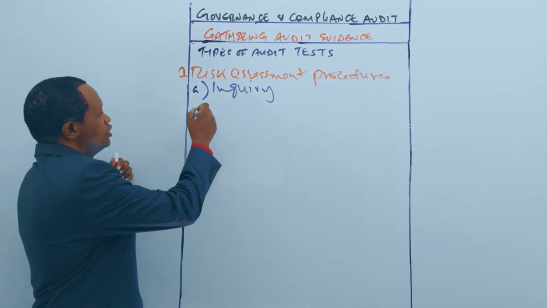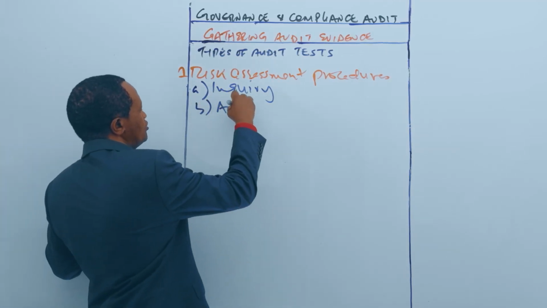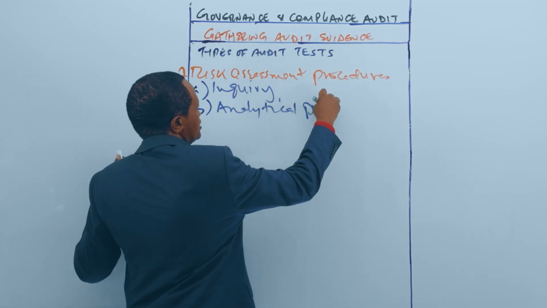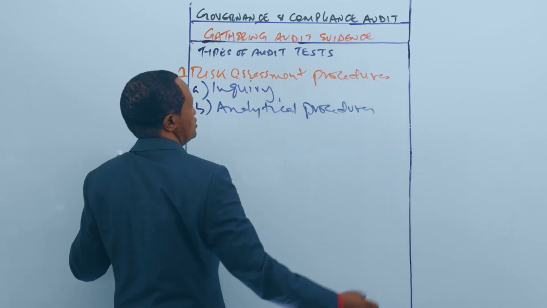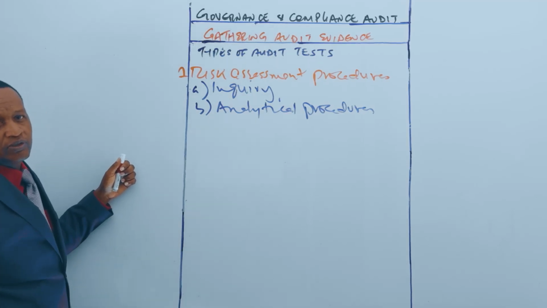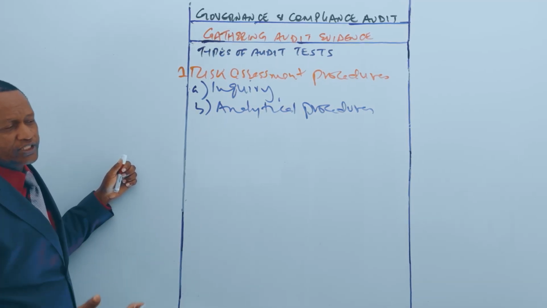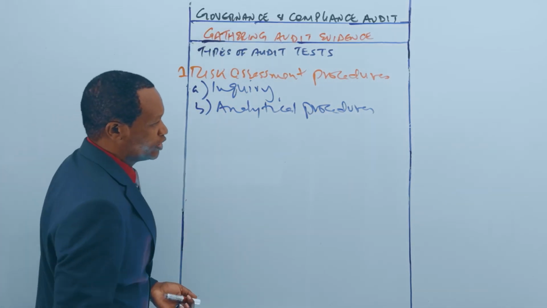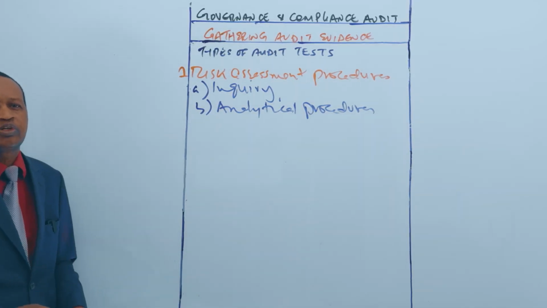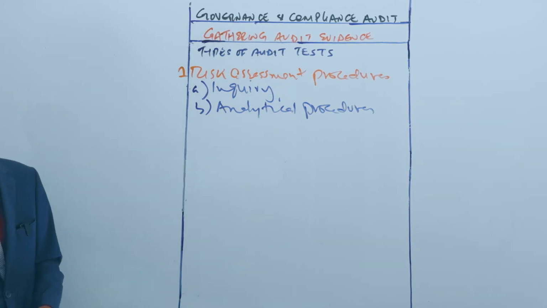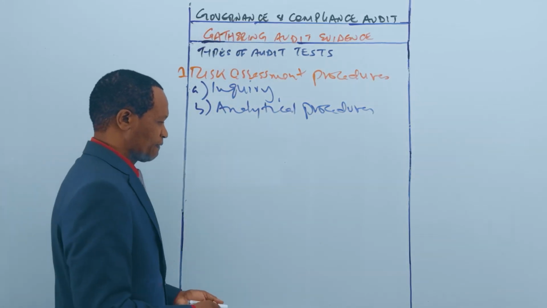You can also do analytical procedures, comparing, for example, this year's legal expenses to last year's legal expenses, so that you can spot any unusual spikes that might indicate non-compliance.